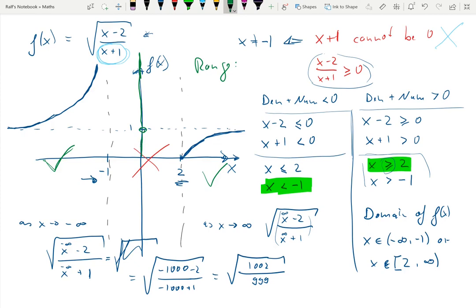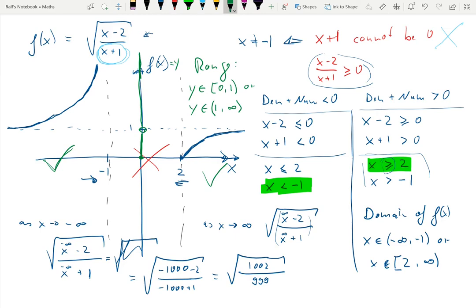And then it will take values up to 0, including 0. So the range is y, and let's call that y. y is element of, let's look at that first interval first, from 0 to 1, but 1 not included, or y element of 1 to infinity. Infinity always gets a round bracket, and 1 is not included. Okay, so that is the range of our function.